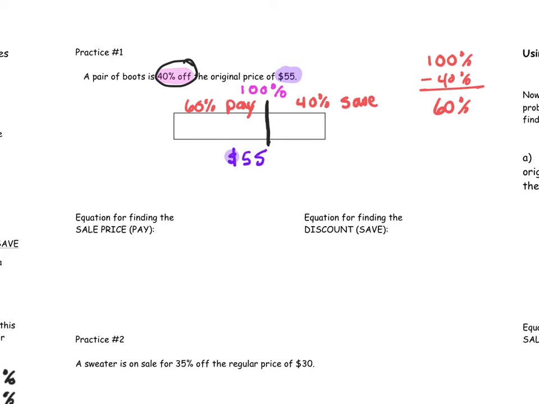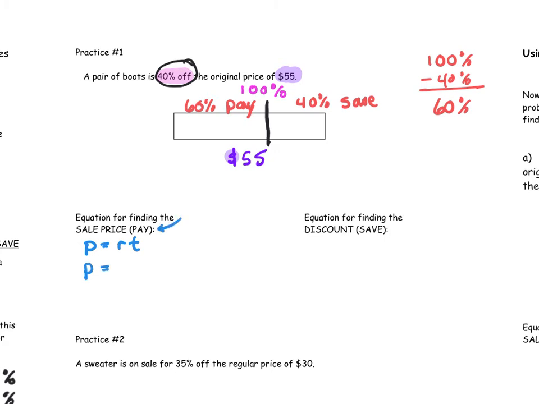So once again, depending on what they ask us, whatever follow-up question they would give us, if I were asked to find the sale price of this, then I'm going to use the pay percent. So my equation would look like this. I would write my part equals rate times total. The part I'm going to pay is the sale price.